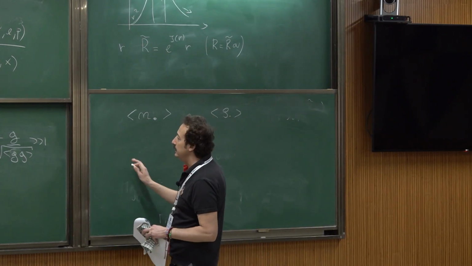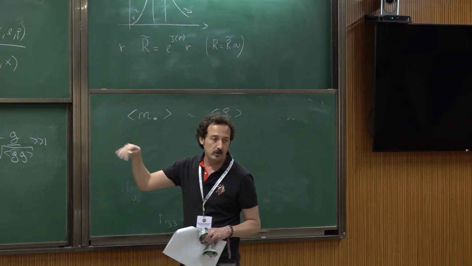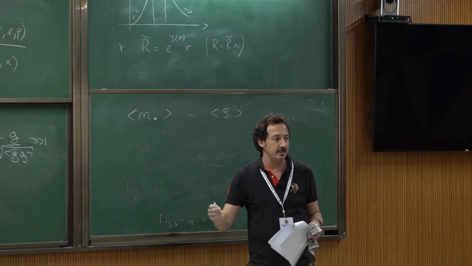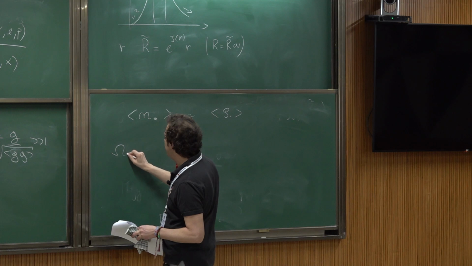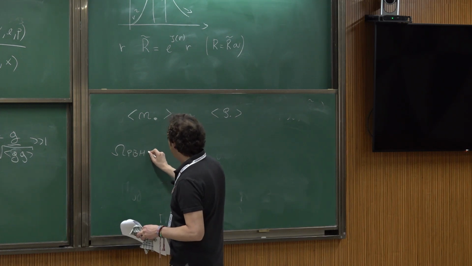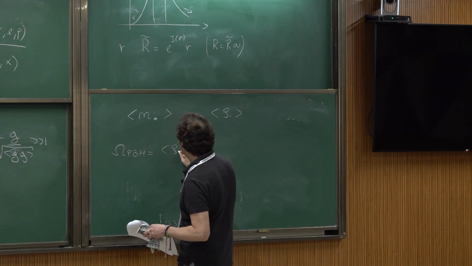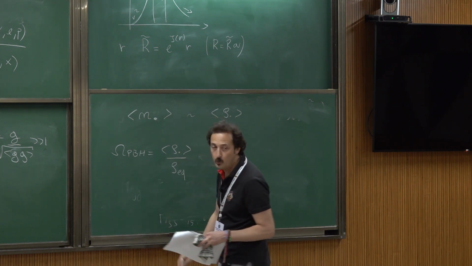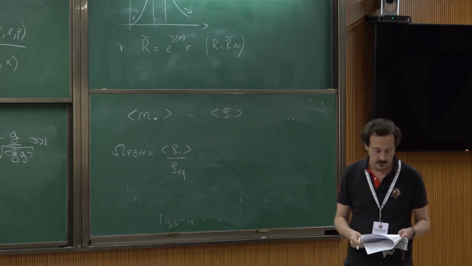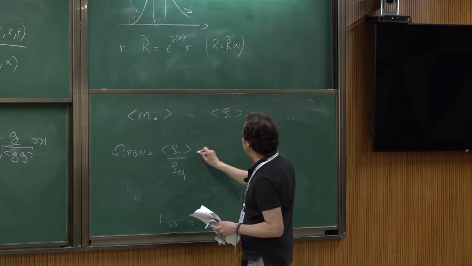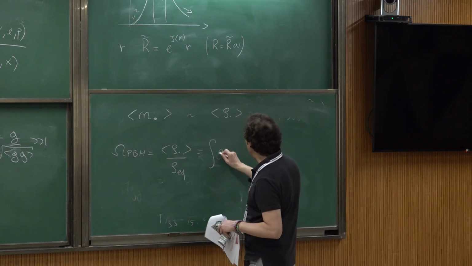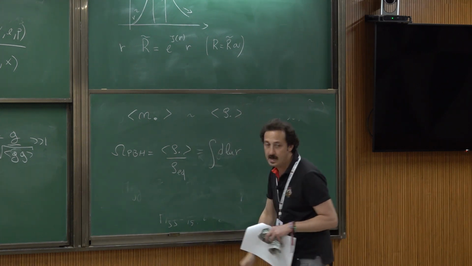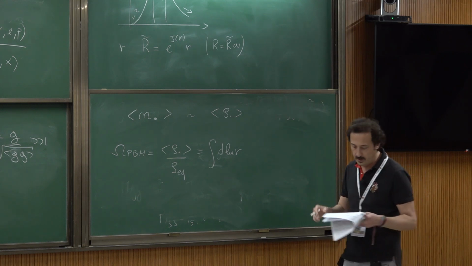So if you do the same thing, also introducing the one-dimensional statistics, one finds that omega PBH, which is defined as the mean value of the density of PBH divided by the density at equality, which is what we are interested in, is equal to an integral over all possible smoothing scales, which I put logarithmic.